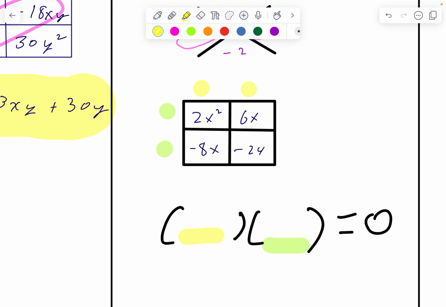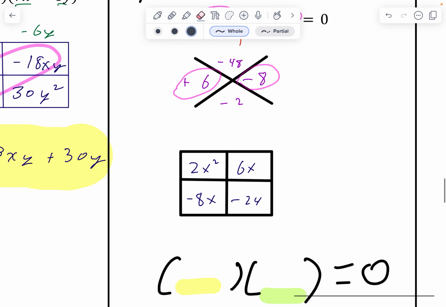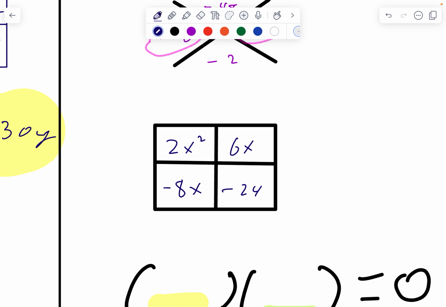So let's figure out this box here. Moving in, trying to figure out what numbers multiply to give me 2x squared. And it looks like it was just going to be a 2x and an x. Let's see if that works. 2x can give me negative 8x. x can give me 6x.